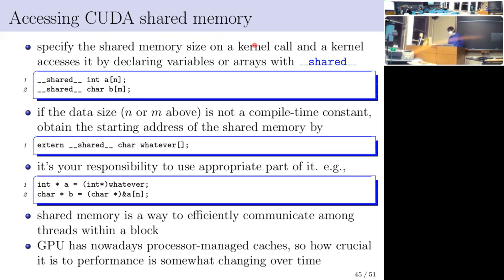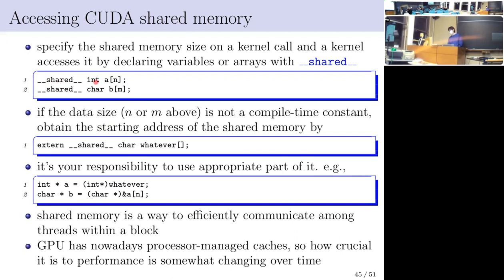Like I said, you specify the size of shared memory given to each thread block by the third parameter when you launch a kernel. And this allocated memory can be accessed from within kernel code by a mysterious keyword called __shared__.